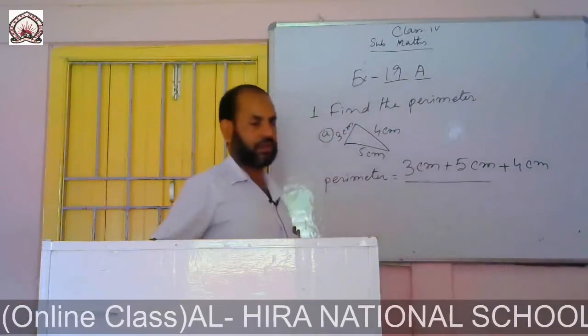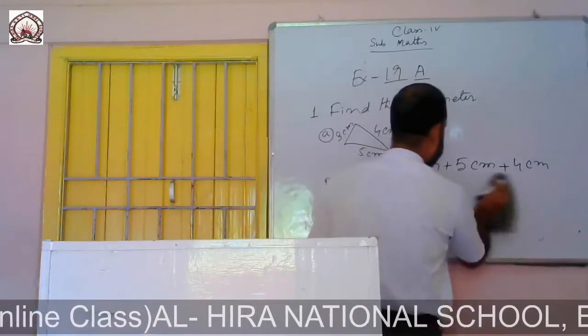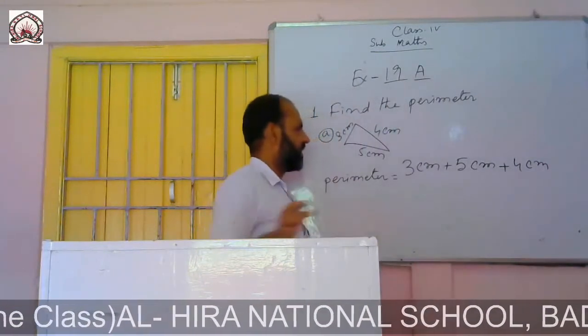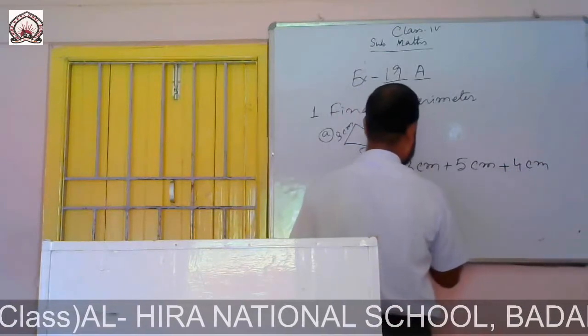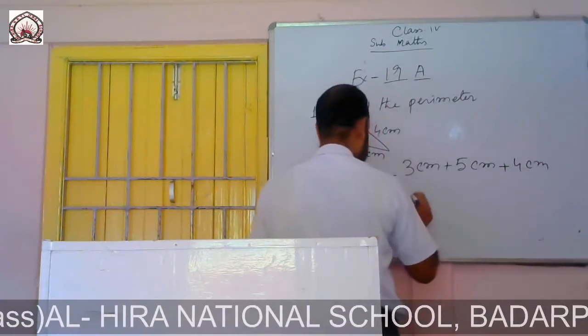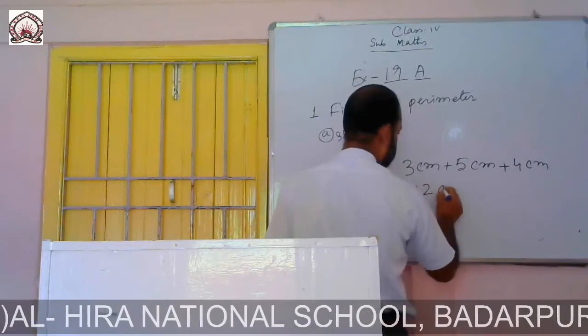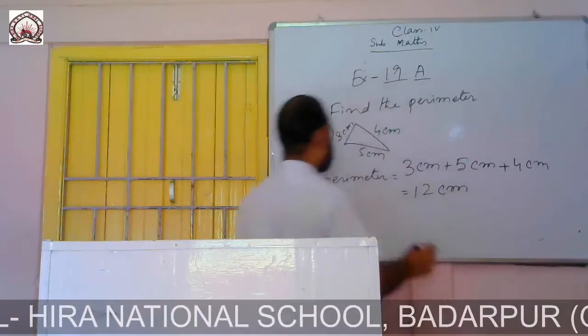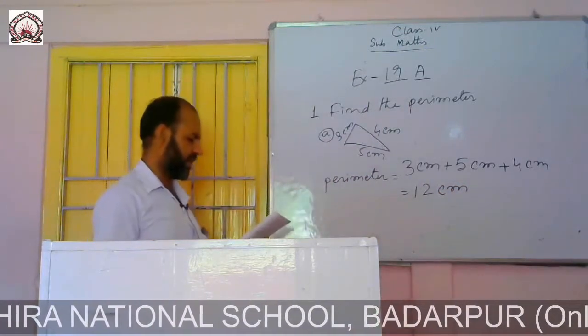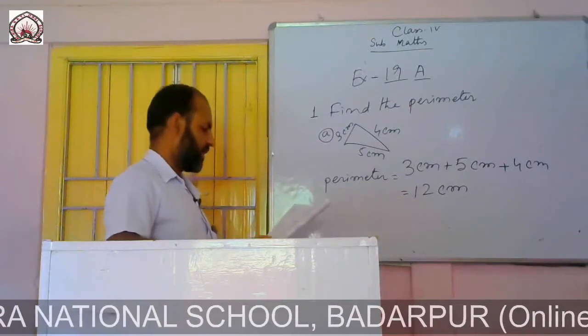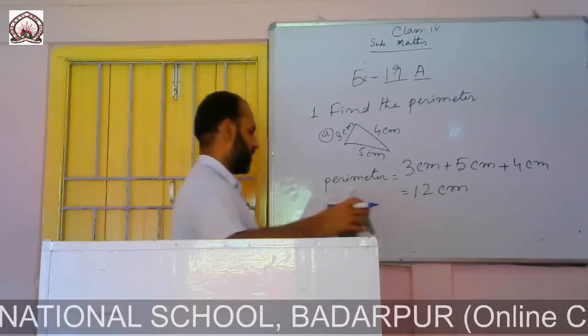So 3 plus 5 is equal to 8. 8 plus 4 is equal to 12. Here 12 centimeter. The perimeter of this triangle equal to 12 centimeter.